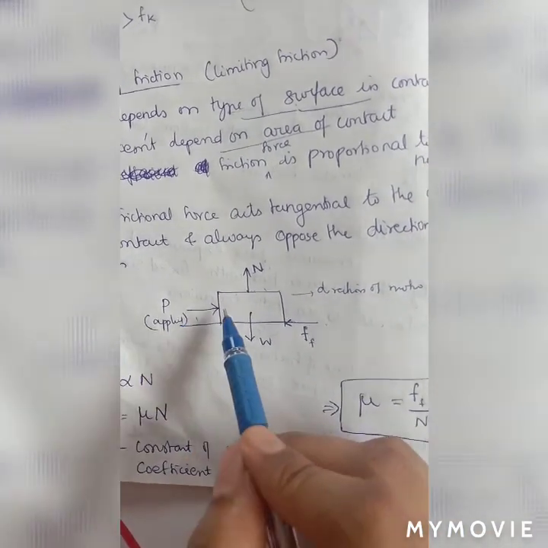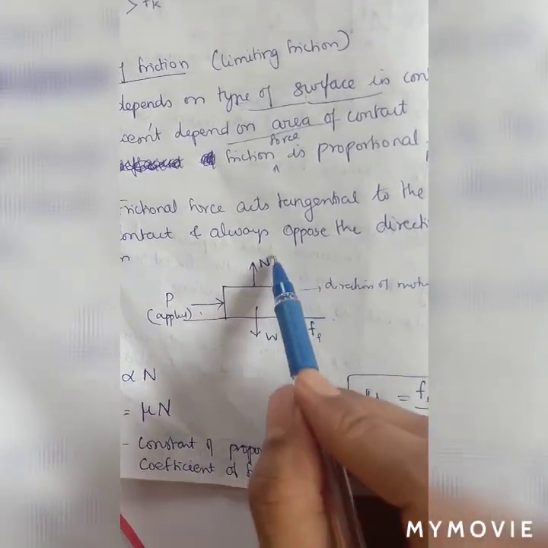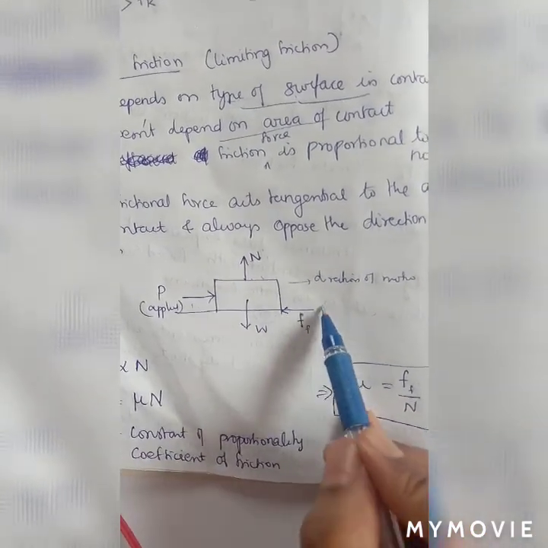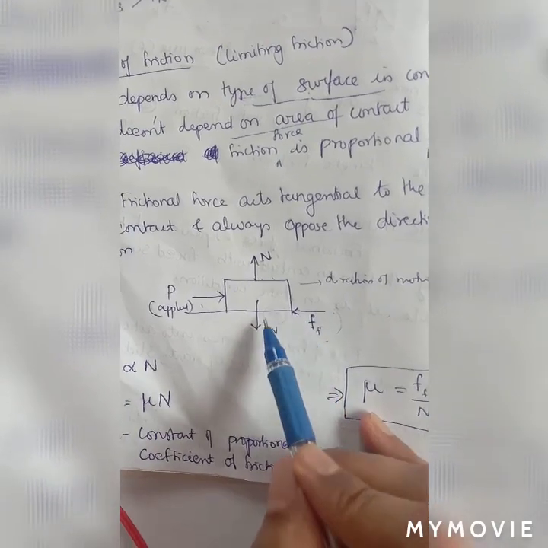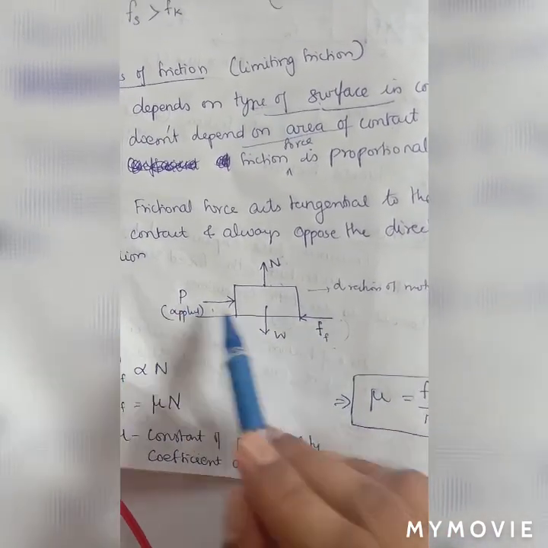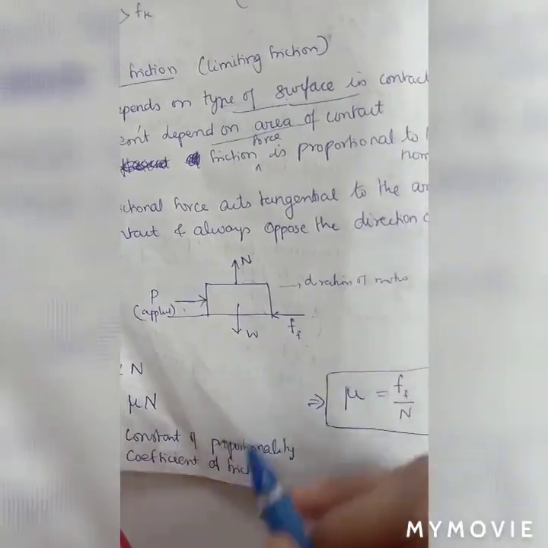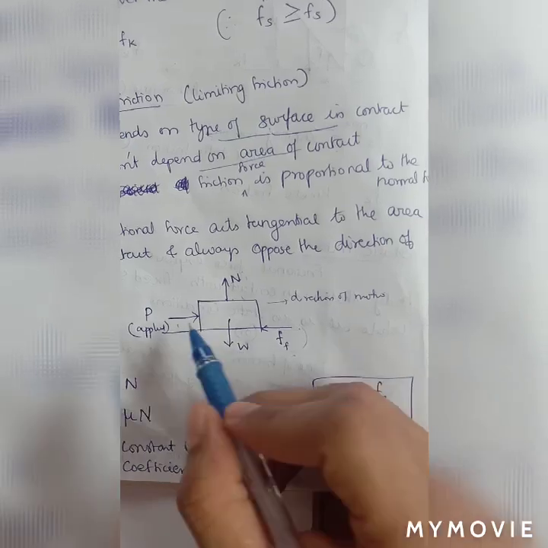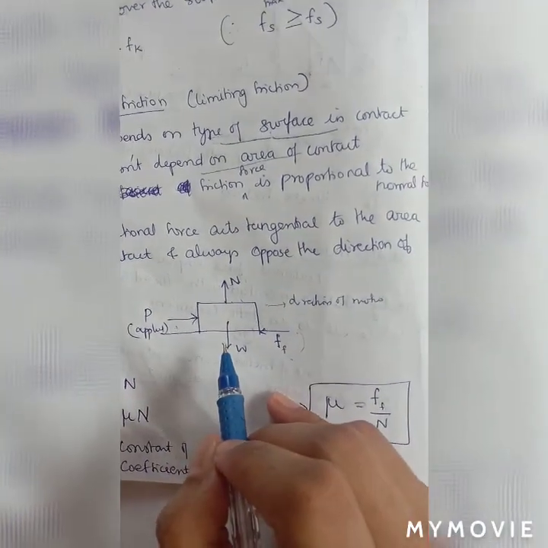With this applied force and with respect to this normal, a frictional force called F is developed, acting in the direction tangential to the contact surface between the surface and body, and it is opposite to the direction of the applied force. So W is the object weight and P is the applied force, right?